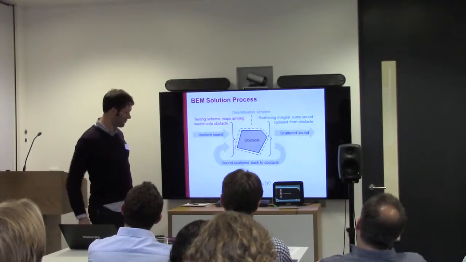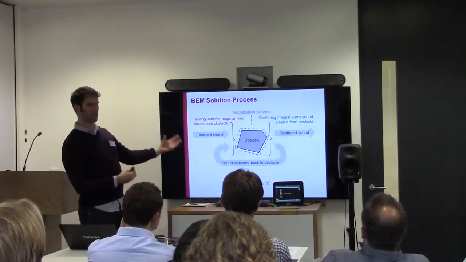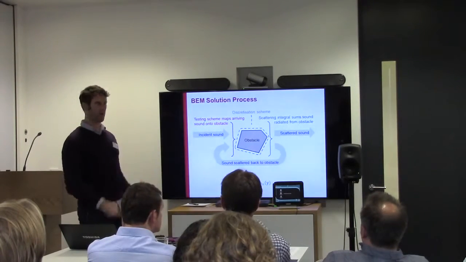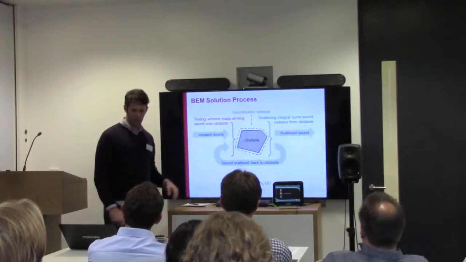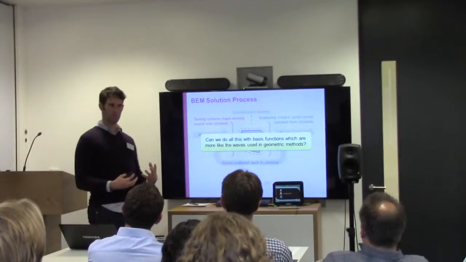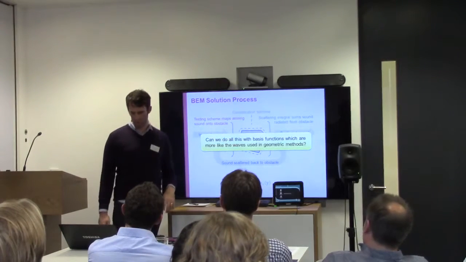I'll come back to that in a little while. And then usually you turn this into a matrix equation, you set it all up, do some linear algebra and solve it. So that's the general process, and our real question is, can we do all of this with basis functions which are more like the waves in geometric methods?